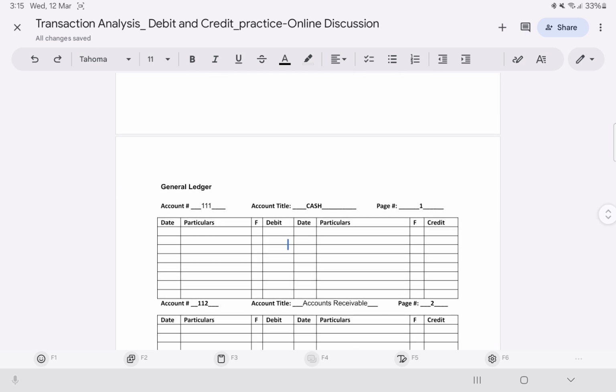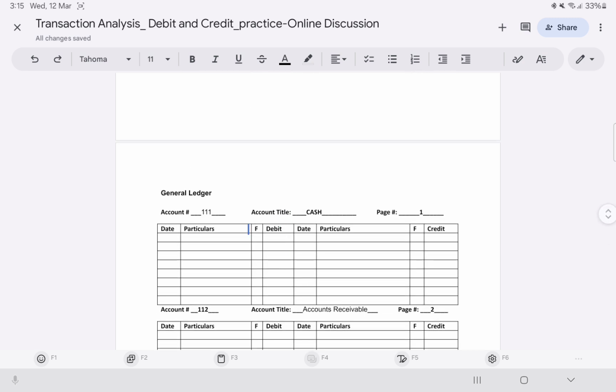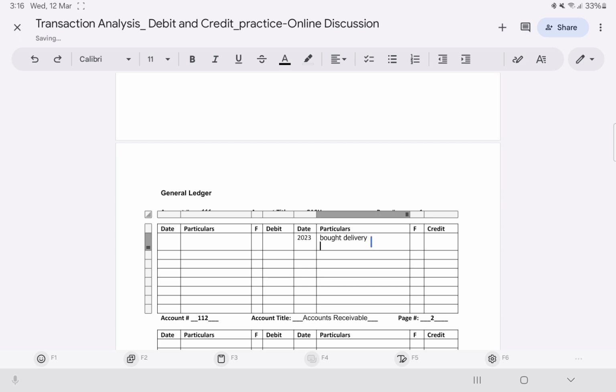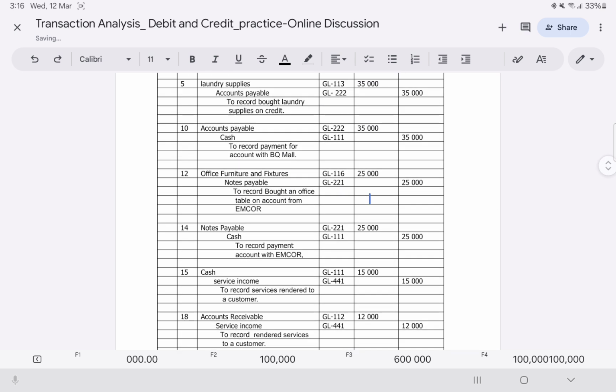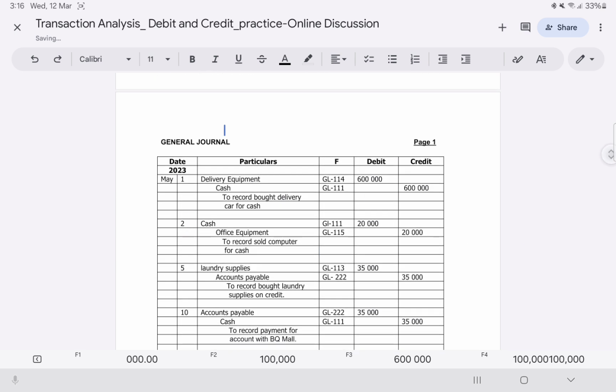Okay, cash accounting title. Since it's credit, write first the year 2023, then bought delivery car for cash, then remember this is JG page 1, and the credit amount is 600,000.